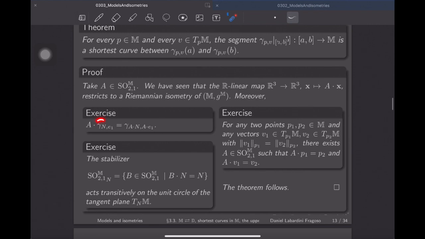Well, if you take that curve and you multiply it with a matrix in the restricted Lorentz group, that gives you precisely the candidate curve that starts at A times n, the image of n under that element, with this initial tangent vector. Okay, this is the exercise. It's not hard, and I would say it's a very beautiful exercise.